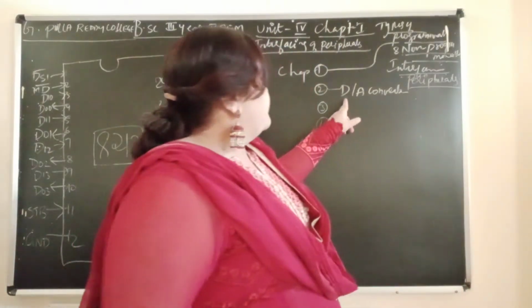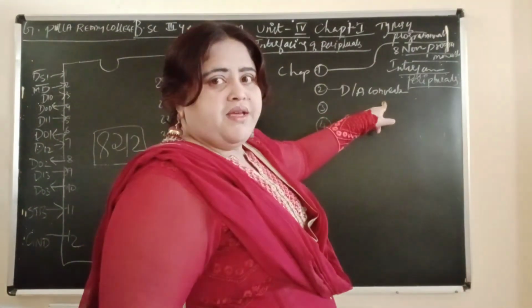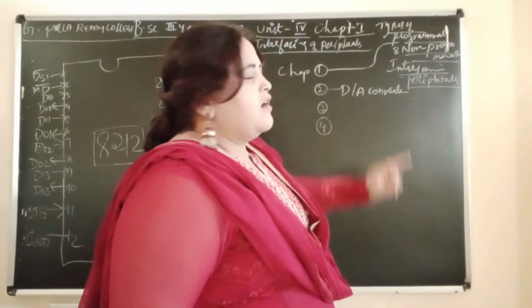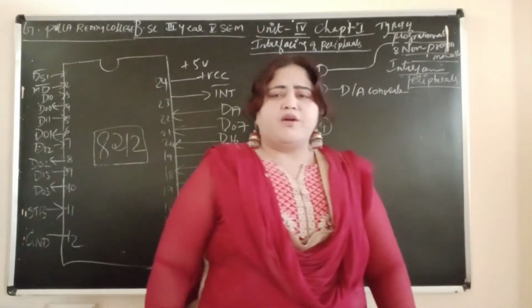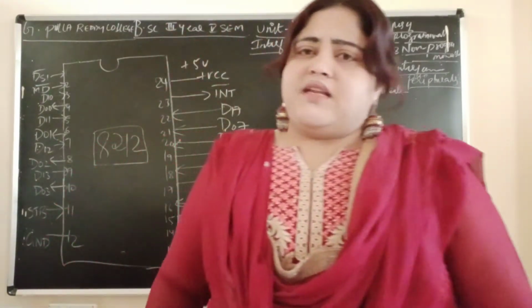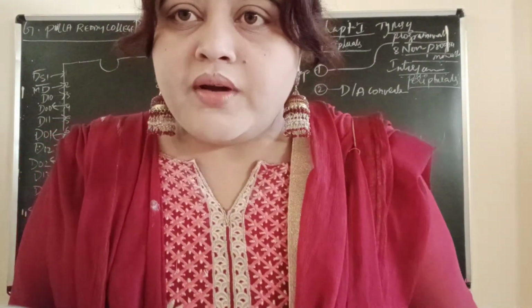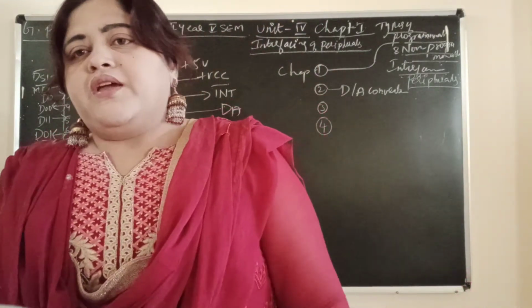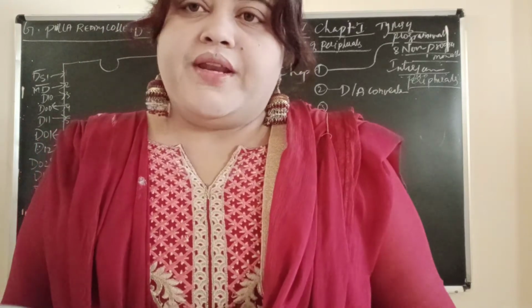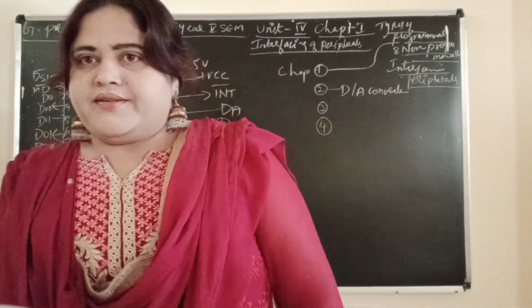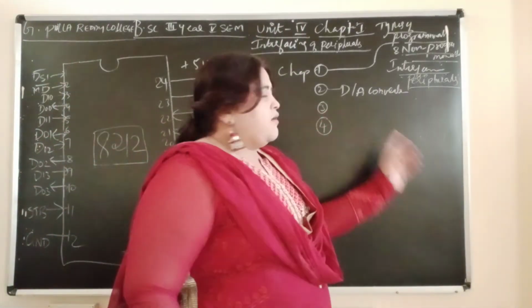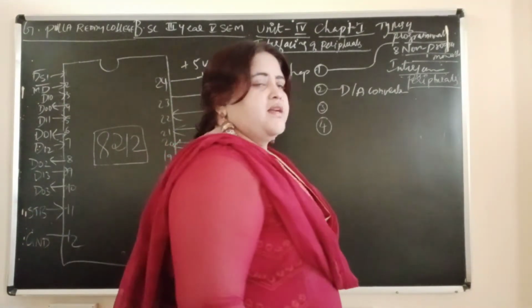You can connect a D to A converter, because the microprocessor is a digital IC, and sometimes we need to convert a digital signal into analog. So you will be connecting a digital to analog converter. Now the second chapter is D to A converters.